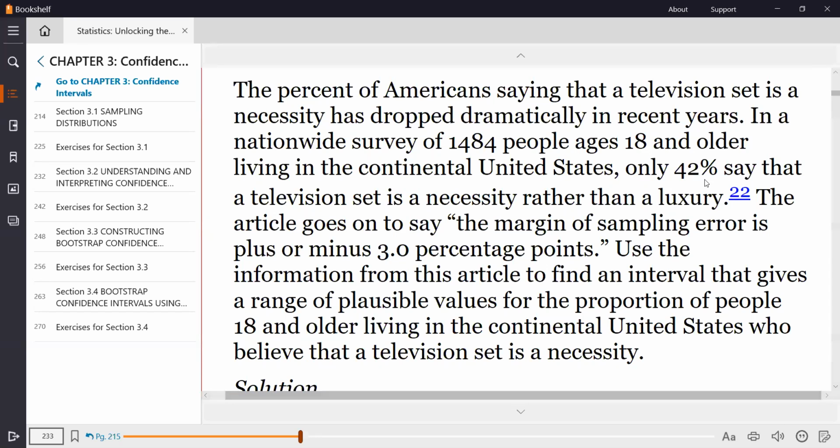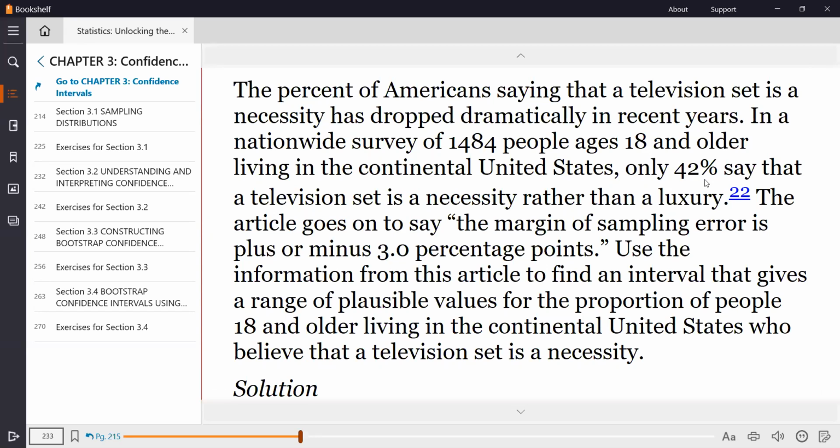Now, if you used your calculator and multiplied 1484 times 0.42, which is 42%, you get 623.28. But you know that the number of people who answered that it's a necessity is not 623.28. There's no 0.28. It's a whole number, right? So most likely it was 623 people.